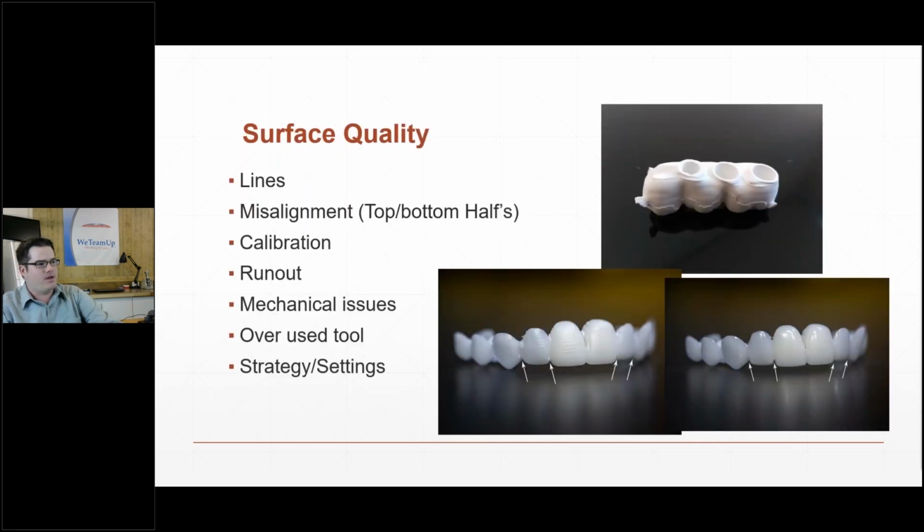Surface quality. One of the biggest things that comes up that I see is lines or misalignment of top and bottom half. And 99% of the time, if you get a surface issue like that, it's a calibration or mechanical issue, especially those parting lines, like in that bridge at the top there.